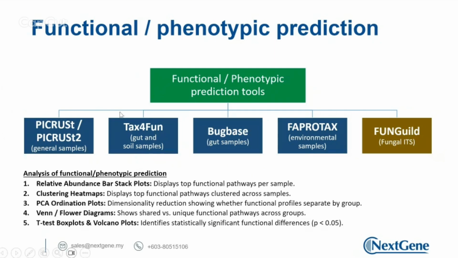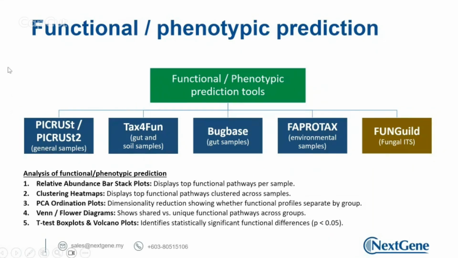So then BugBase is specifically predicting the functions for gut samples. So more or less the functions predicted are related to gut pathways or gut biological processes. And then FAPROTAX is for environmental samples, like nitrogen fixation and the pathways that are involved in the environment, like dealing with heavy metals, ions, and so on.